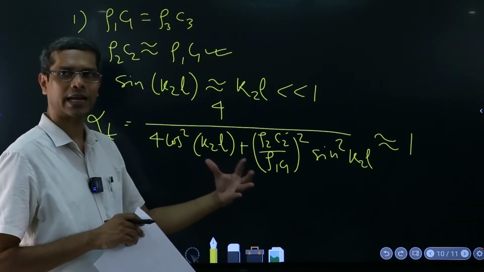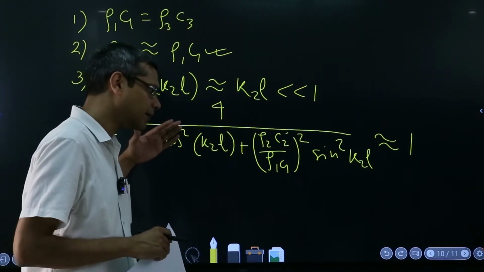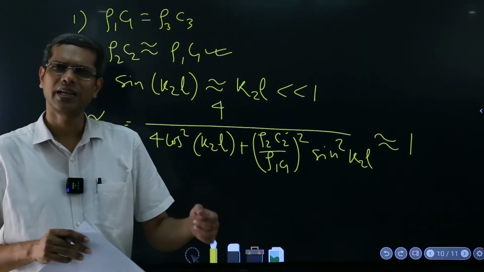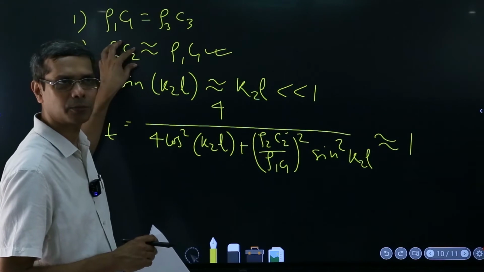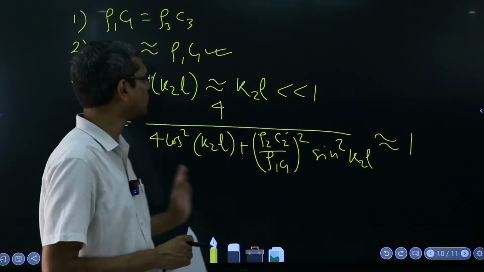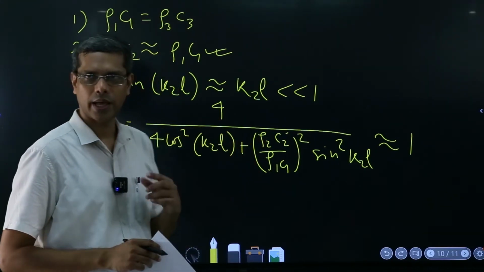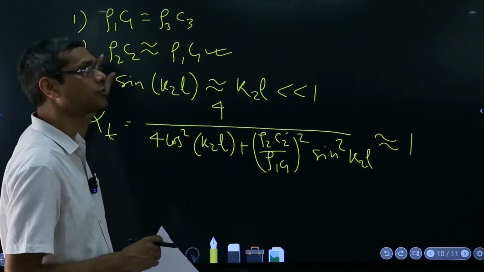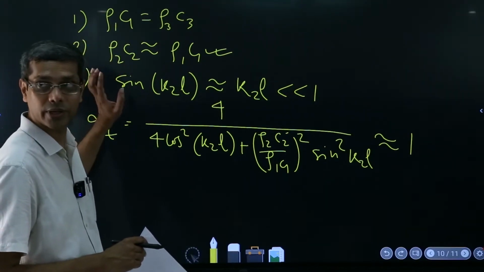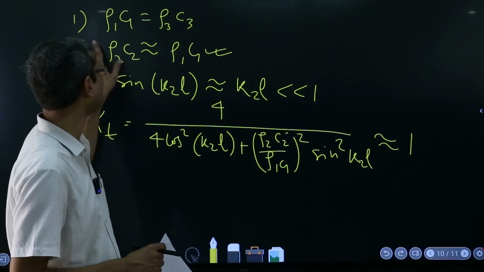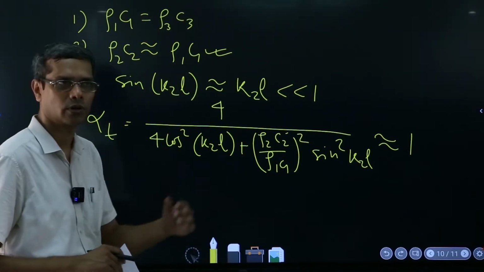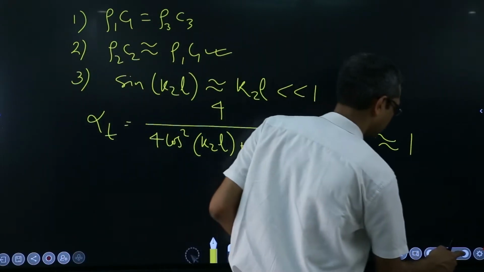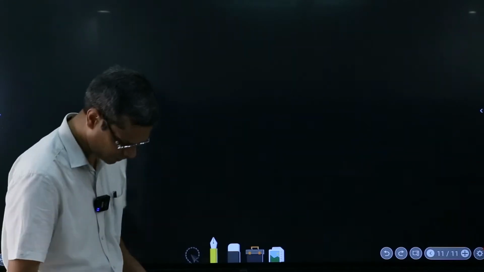The characteristic impedance rho c of the region from where the wave is coming sees a similar impedance in the second part, and that is why most of the wave will go through. The individual values of rho and c could be different, but if the product is of a comparable number, then it is almost equal to 1 and all the energy will be transmitted. So that's the second case.